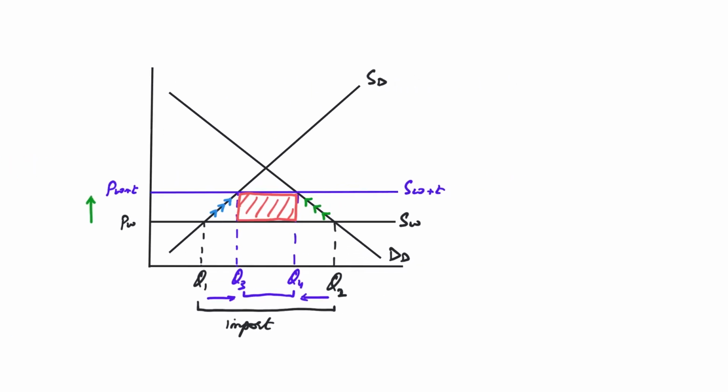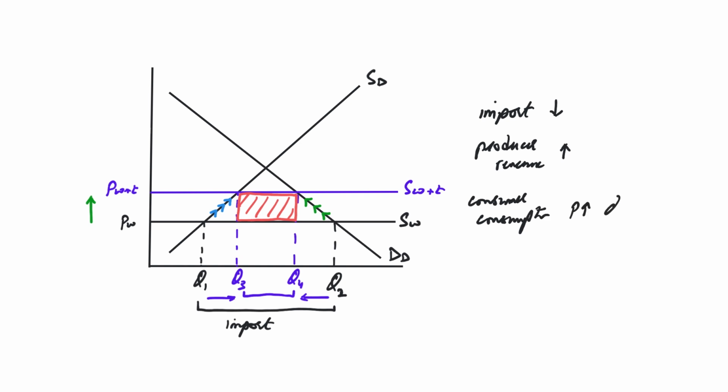So I could just simply list them down just the way I suggested right now, that tariff लगने से import falls, producer revenue rises, consumers consumption at higher prices, demand falls down, tariffs की वजह से the prices go up.